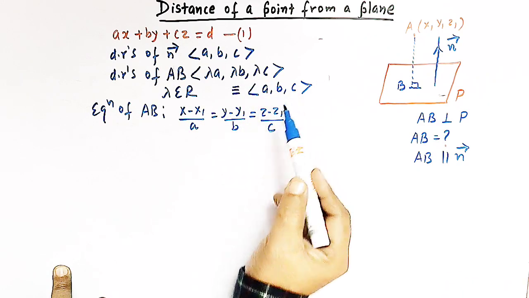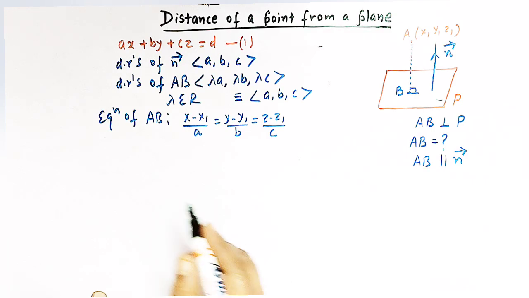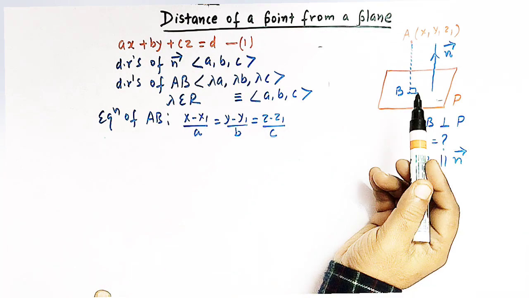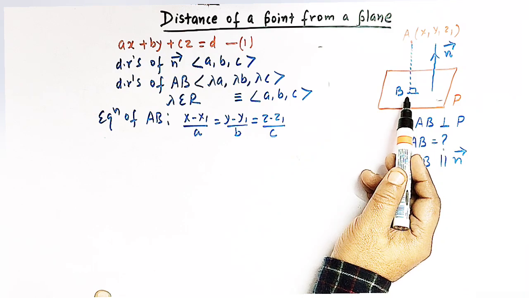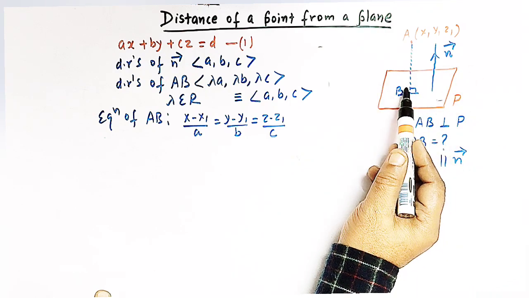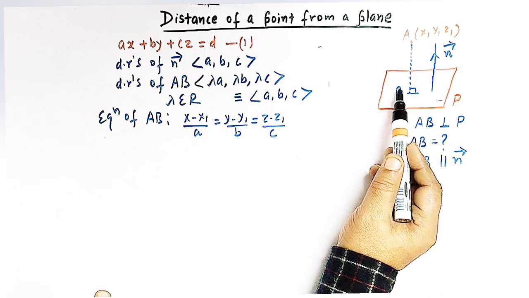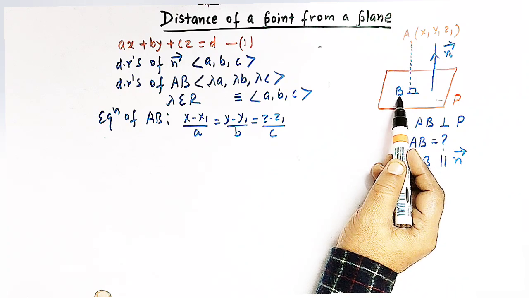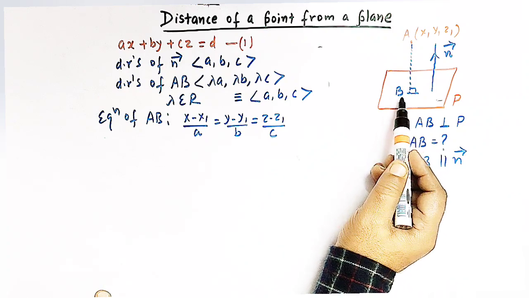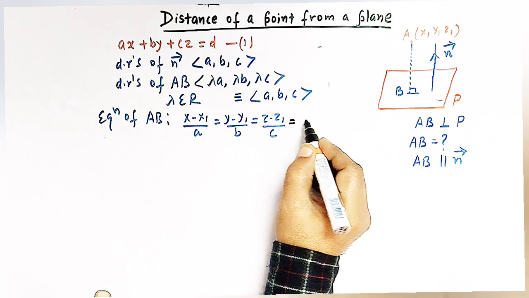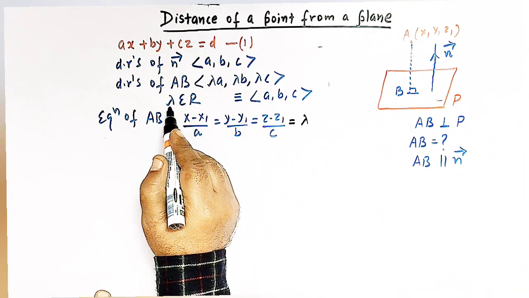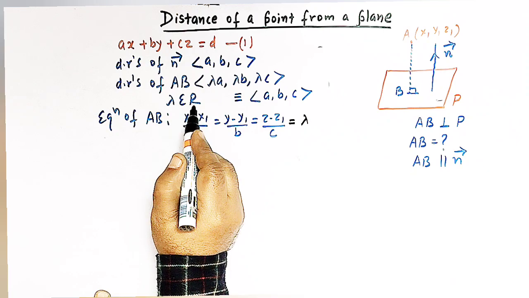So now let us find out the coordinates of the general point lying on this line AB, right? So here we wish to first find out the coordinates of this point B, which is the foot of the perpendicular AB. So let us take here lambda, where lambda belongs to the set of real numbers.